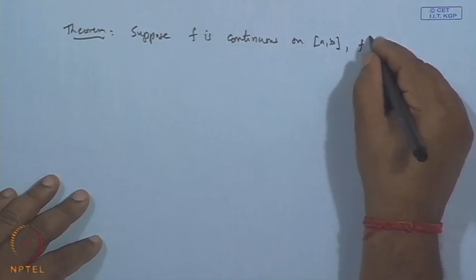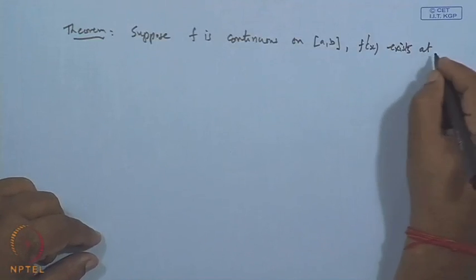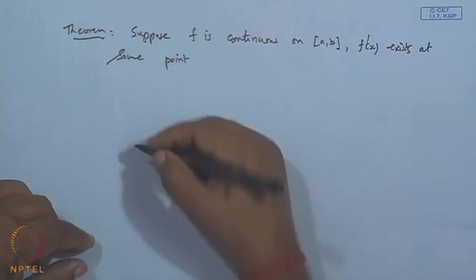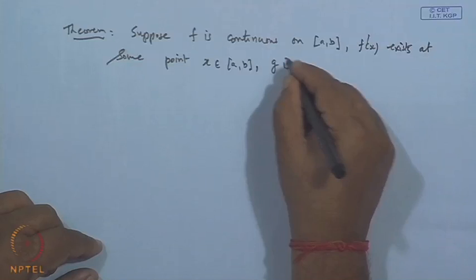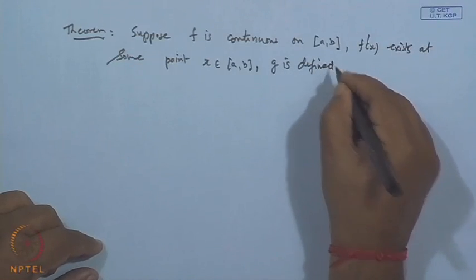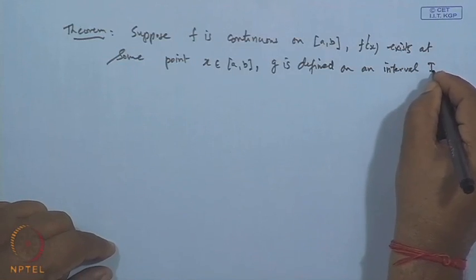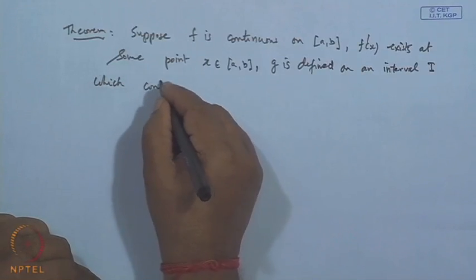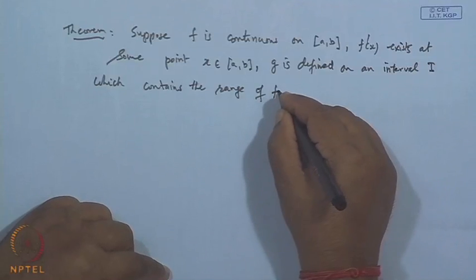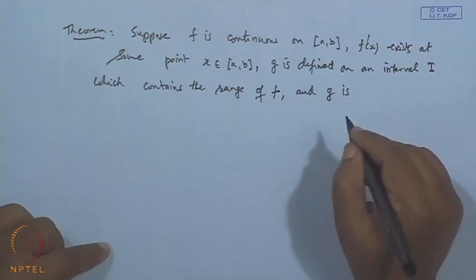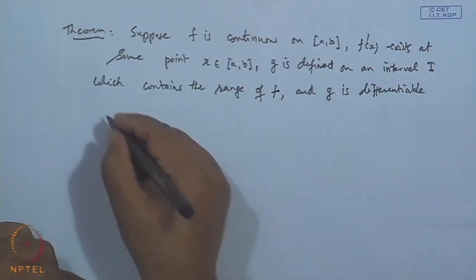and let f prime x exist at some point x belonging to [a, b]. g is defined on an interval I which contains the range of f, and g is differentiable at the point f(x).